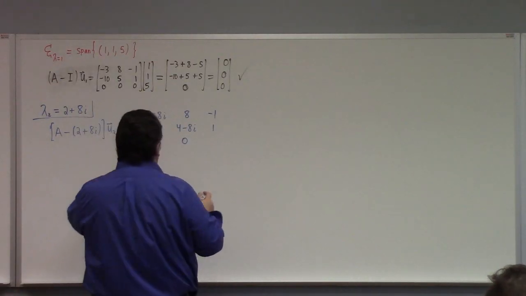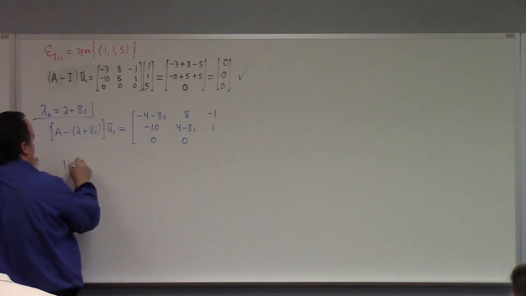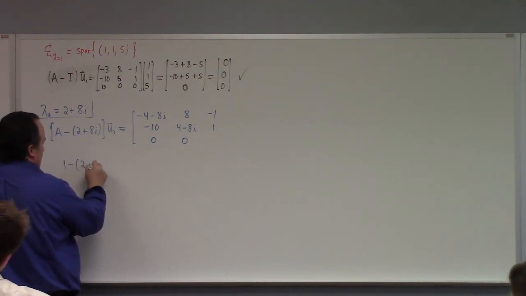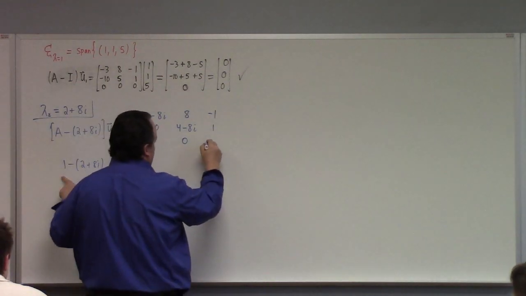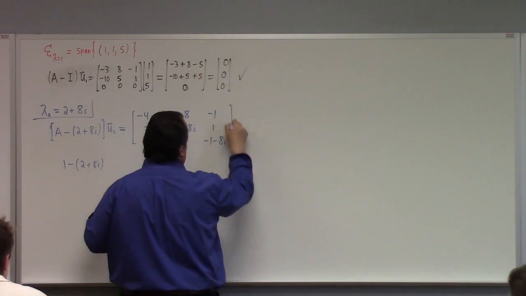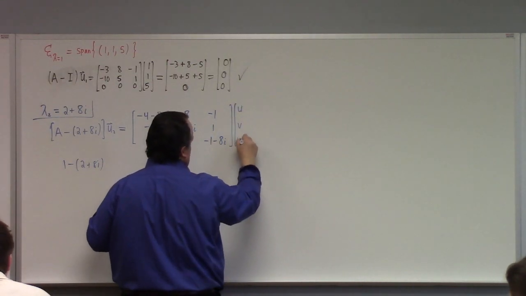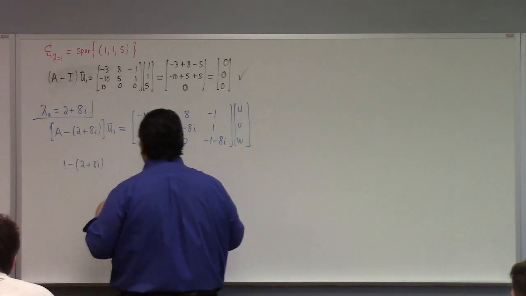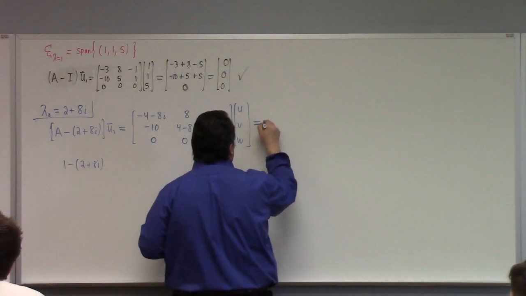Down here, I'm doing 1. This one is going to be 1 minus parentheses 2 plus 8i, which gives me minus 1 minus 8i. That times u v w. I want that to be equal to 0.